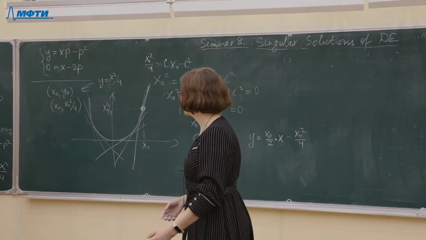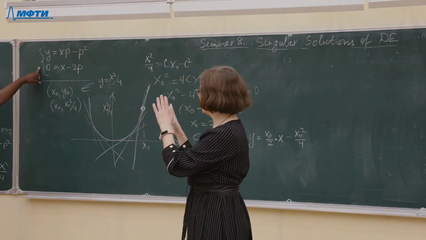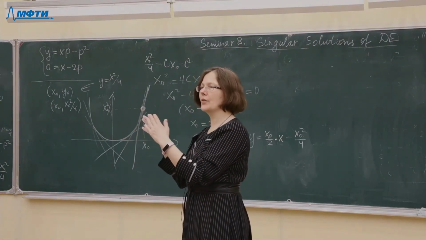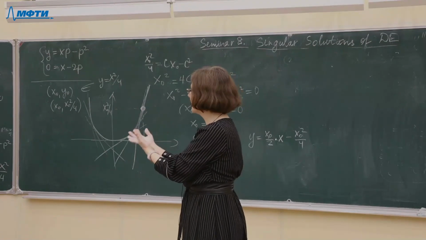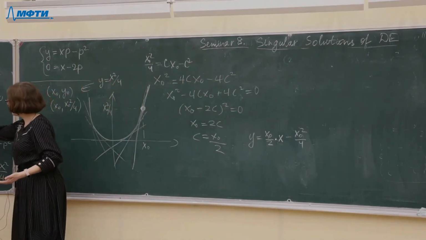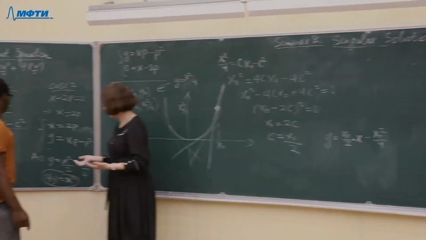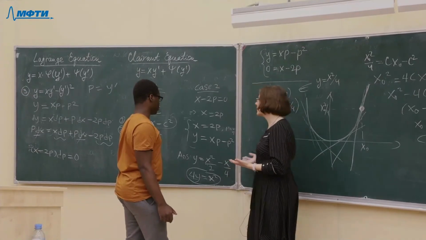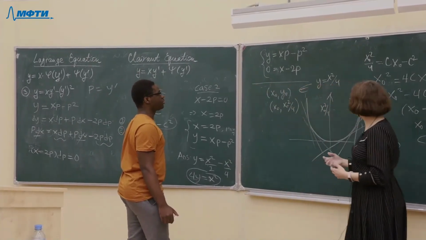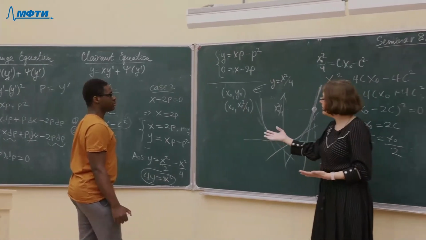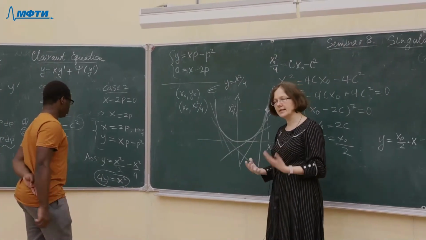So how to find singular solutions? First we should solve this differential equation, and we will get the one-parameter family, and some solution. Next, we should check whether it is singular or not. Maybe we have found a solution, but it is not singular.